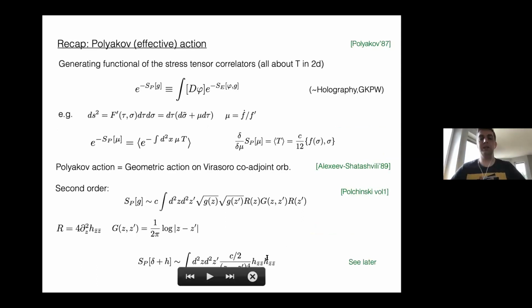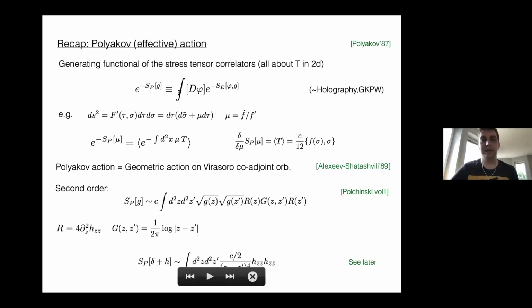Okay, so maybe in the light of recent developments in complexity, let me also remind you of two more things about this Polyakov action. One of them is that the Polyakov action is an effective action for gravity in 2D, and actually it's a generating function of the stress tensor correlators. So basically, all you need to know about the stress tensor in 2D is captured by the Polyakov action.